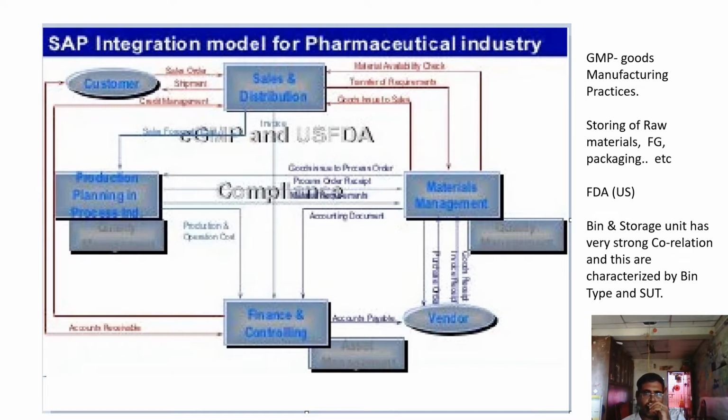Thanks once again. As we are already seeing many videos on SAP WM, today I would like to give details on this video, that is SAP WM in the pharmaceutical industry, or simply the pharma industry.